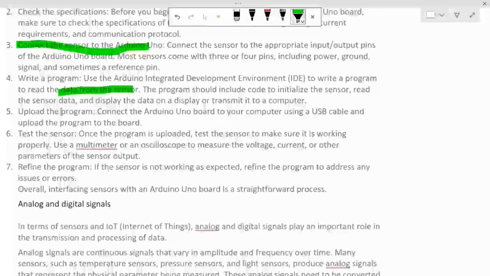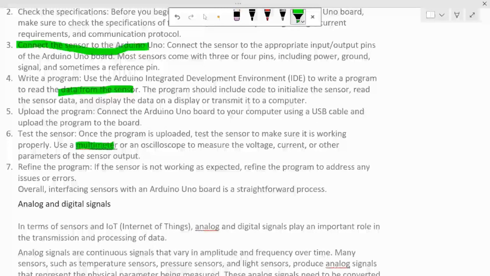Here there are two terms, multimeter and oscilloscope. We will use the multimeter a lot. Why? The multimeter is very handy and not bulky like the oscilloscope, and oscilloscopes are more used in applications which require more signal processing.